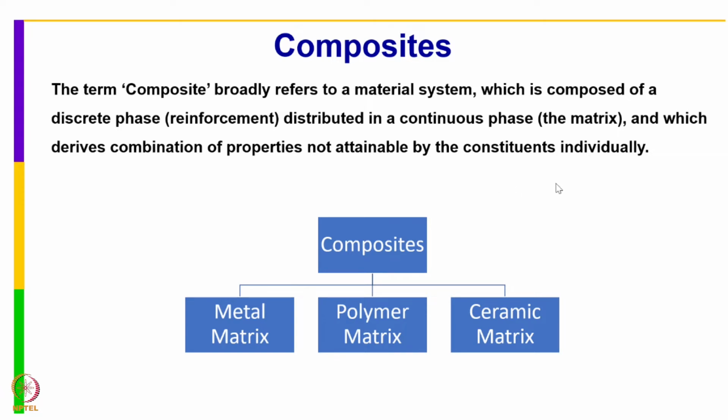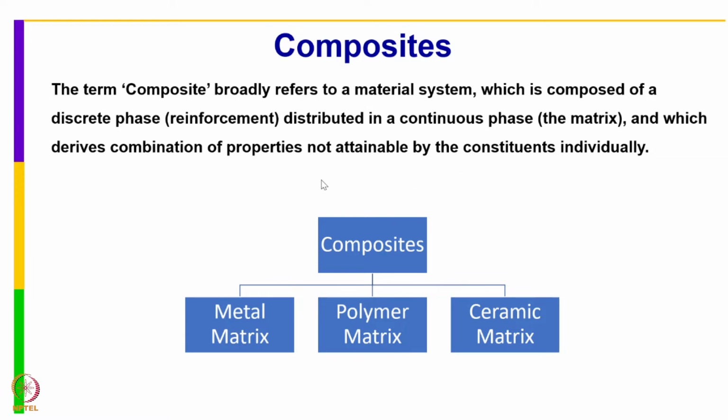Okay, so this is what I was mentioning, that it will combine the properties of two or more materials, and these combined properties cannot be achieved in the individual constituents of the composite. So that is the biggest advantage that you get out of composite materials. It can combine properties and supplement many of the properties which may be needed in a particular application.